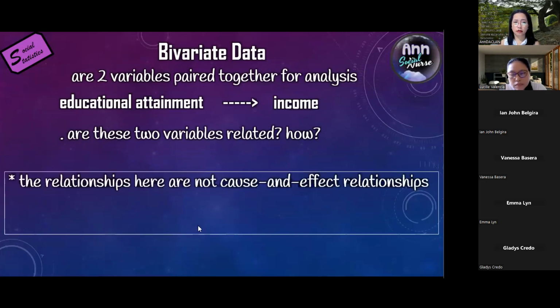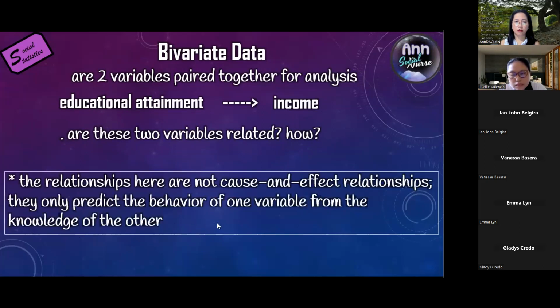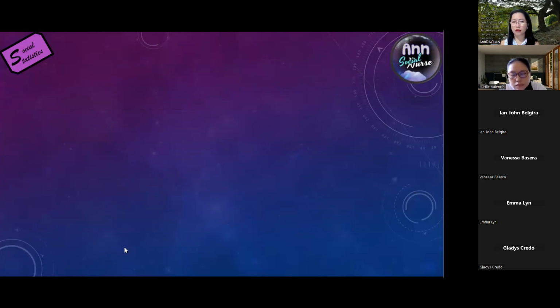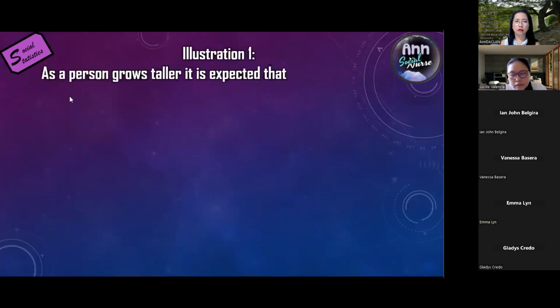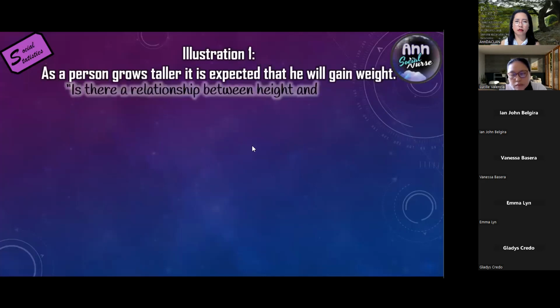The relationships here are not cause and effect relationships. They only predict the behavior of one variable from the knowledge of the other variable. Illustration. First, as a person grows taller, it is expected that he will gain weight. Is there a relationship between height and weight?